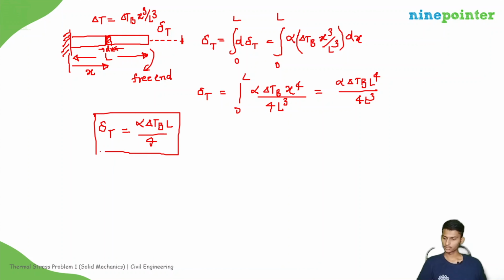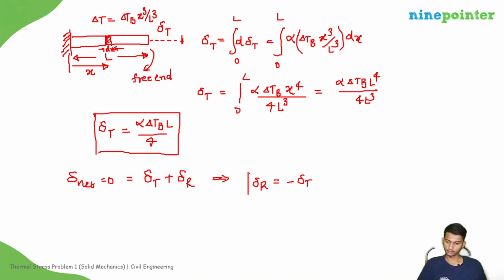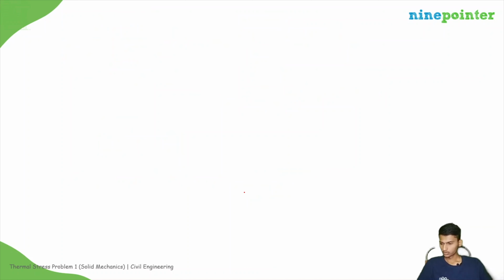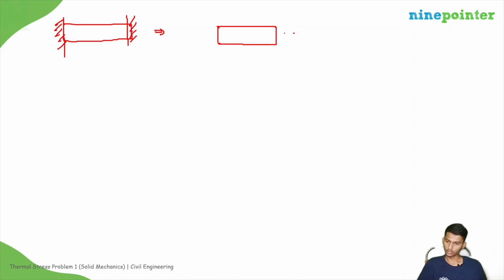So this is del T, and we know that del net is 0, which comprises del T plus del due to the reactive force. So del R, the deformation because of the reactive force, will be equal to minus del T. Because the temperature is increased, a reactive force R will develop.